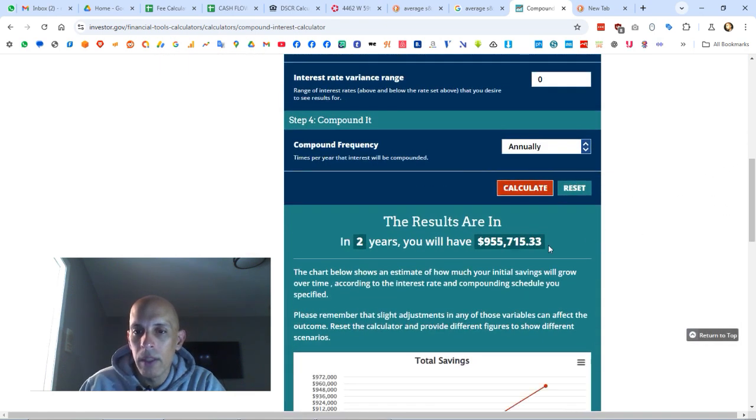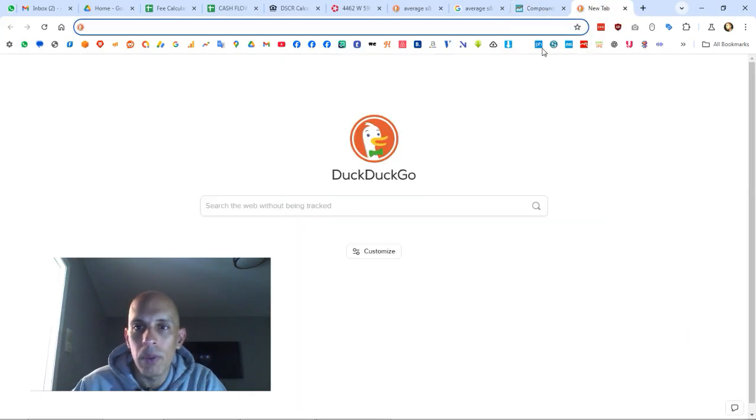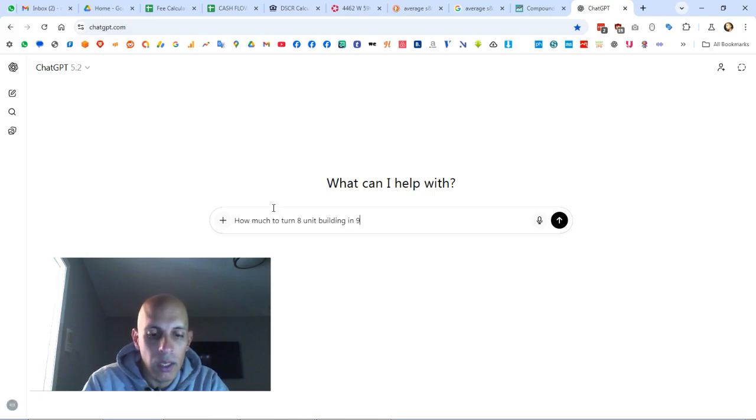Calculate. So that's $955,000. So we want to go to ChatGPT and ask how much to turn an 8-unit building in 90043 to condos.